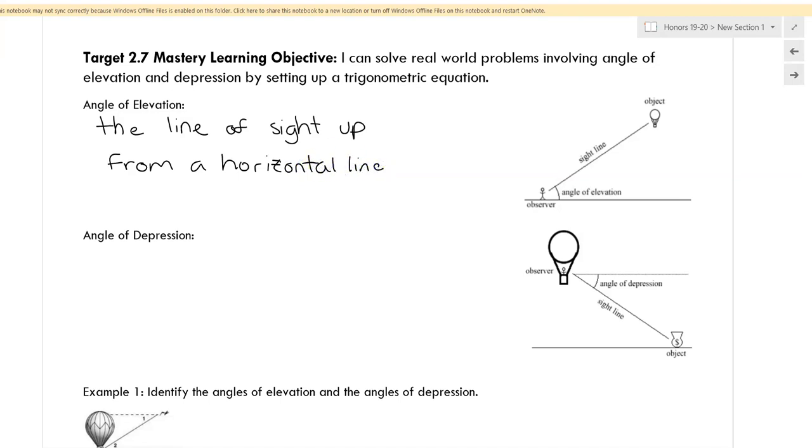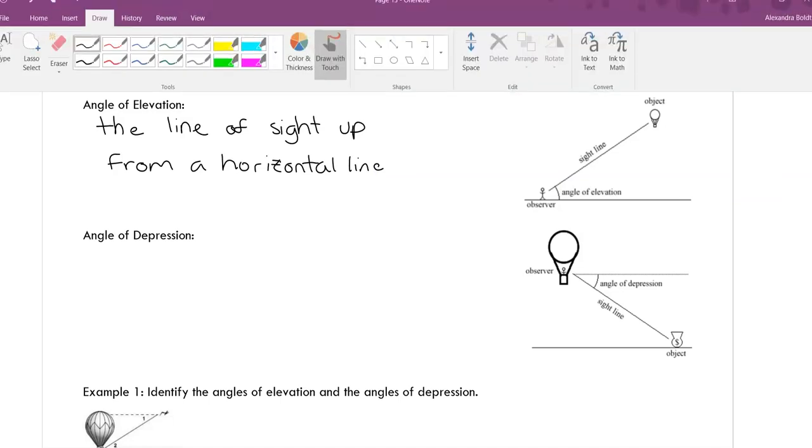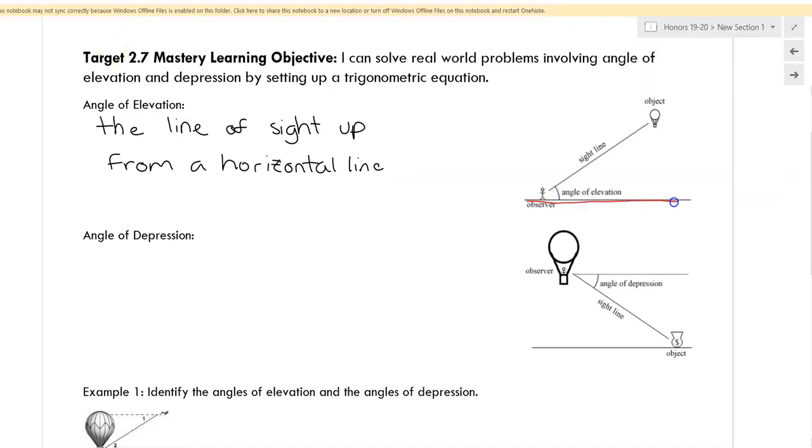So for here, I have a horizontal line, and my angle of elevation goes up to that line of sight.